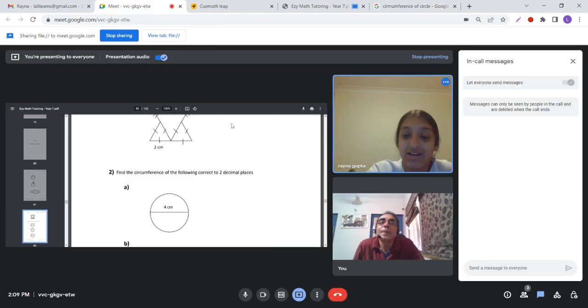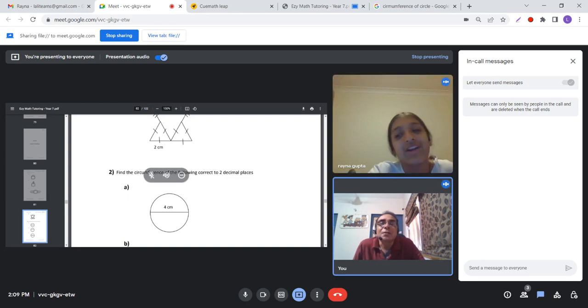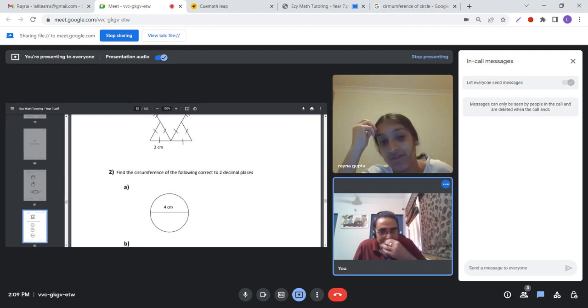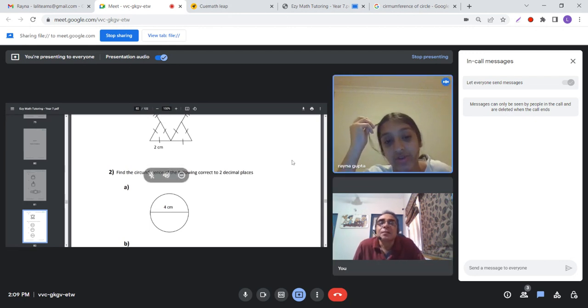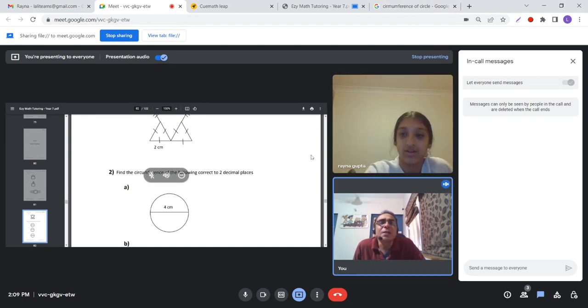What if r is given? r is 2. Wait, what is it called again? Was it 22 by 7? Yes. 22 by 7 or 3.14, both are the same.